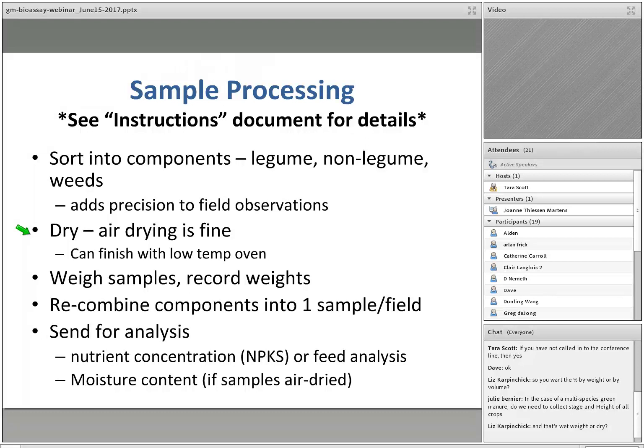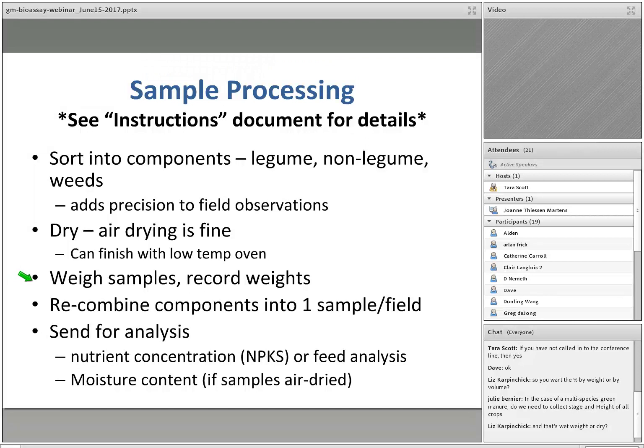Or when you send your sample in later, you can have a moisture test done to see what the actual moisture is. If you have an oven available, you can dry them in a low temperature oven. It needs to be at a low temperature to avoid destroying the nitrogen and other nutrients in the sample, but you can dry a sample in the oven.